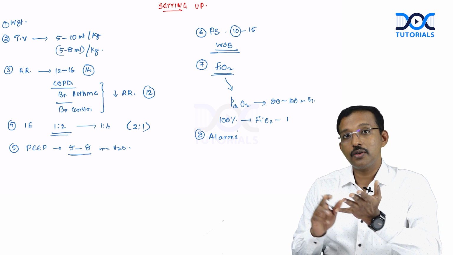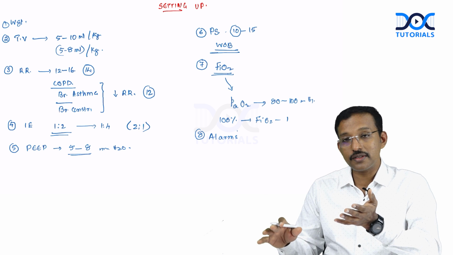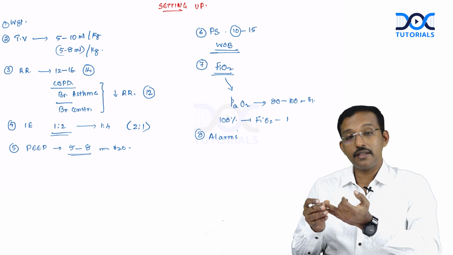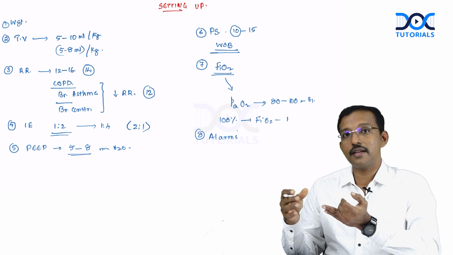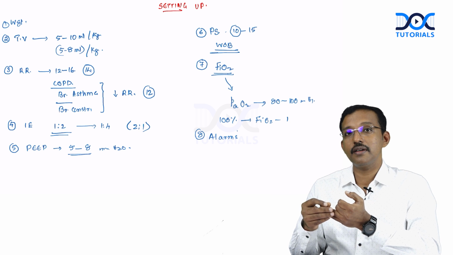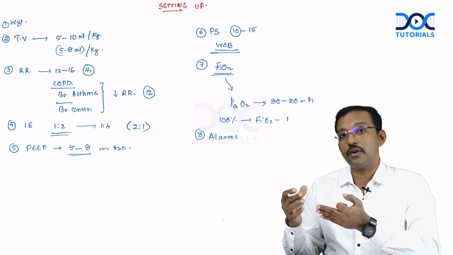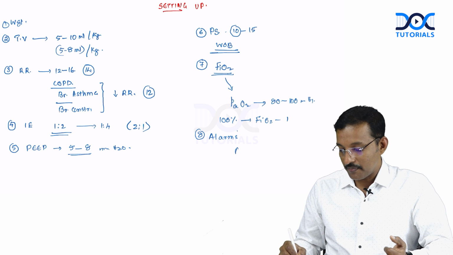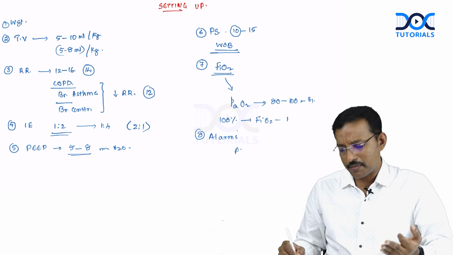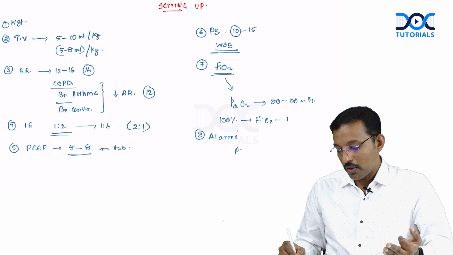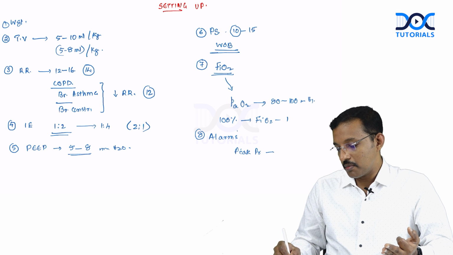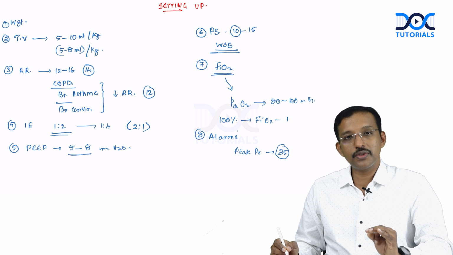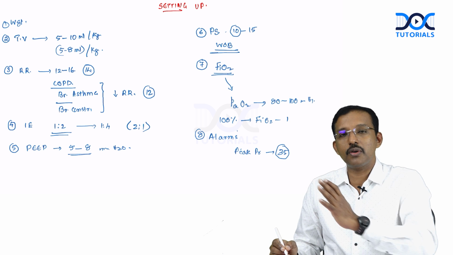Alarms should let me know whether the oxygen concentration is coming down, whether there is any leak in the circuit, in which case the tidal volume is not properly delivered, whether the pressure support or the total pressure in the airway is going up. For example, if the peak pressure in the circuit goes up, anything more than 35 is dangerous for us. 30 is what is usually kept, 35 is a bit high.